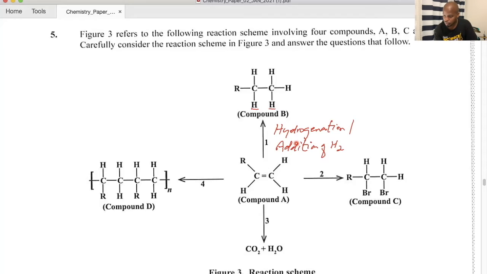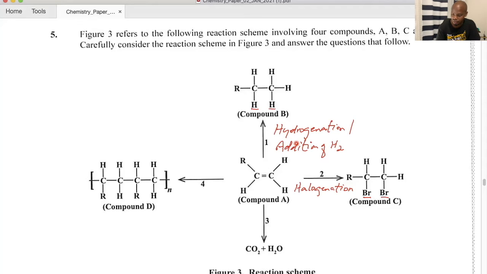All right, at 2, we have what we call halogenation. We're adding a molecule of a halogen, and in this case, it's bromine. We don't want to get too specific and say bromination. Halogenation should suffice.